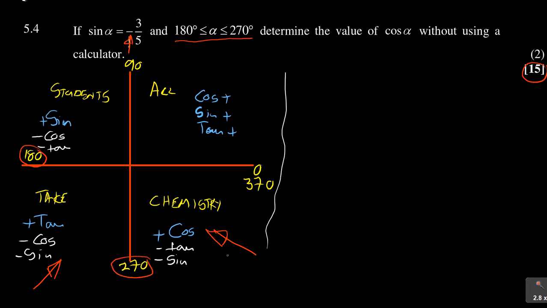So it is not this section, but that section that they are talking about. They are saying determine the value of cos alpha there. You can see that if sin is negative, so also cos is going to be negative, because sin and cos are both negative there.